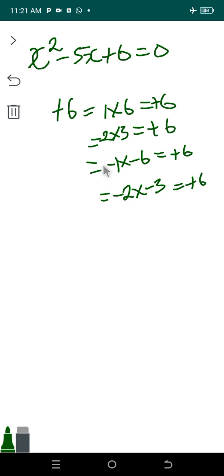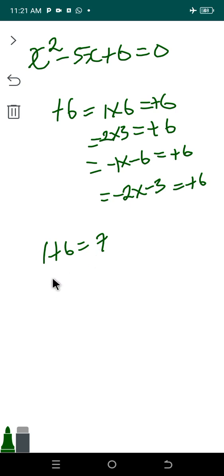So these are the possible numbers that if you multiply together you will get plus 6. So what are we looking for? We are looking for this pair of numbers that if you multiply together you have plus 6, such that if you add them together they will give you minus 5. So let's consider 1 plus 6 is giving us 7.